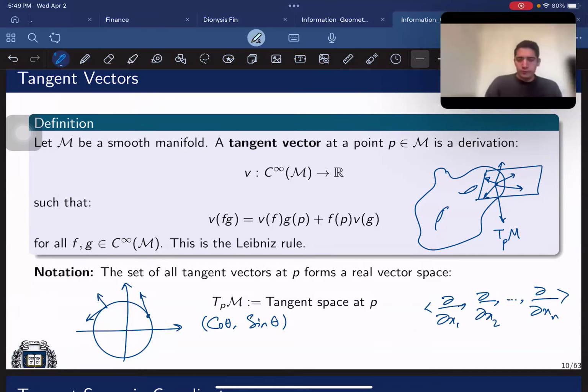So at this point, which is 45 degrees, if I want to show the space of all tangent vectors glued at this point, I should write it as the following. And then I have x.